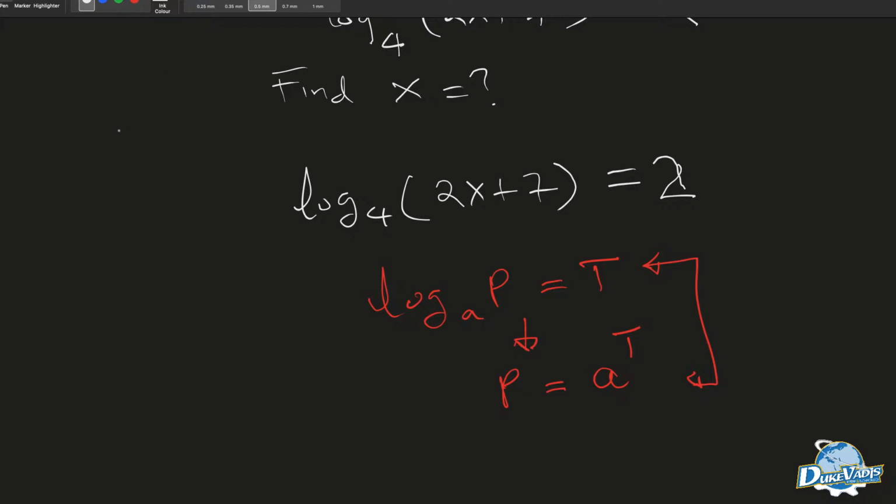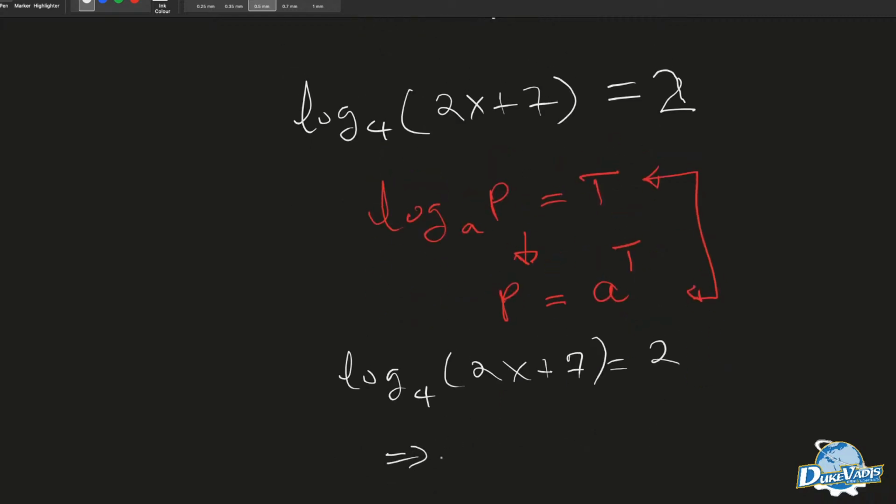Applying this principle, we can confidently say that log to the base 4 of (2x + 7) equals 2 can be written as 2x + 7 equals 4 raised to the power 2. We have applied the same principles that we learned earlier.